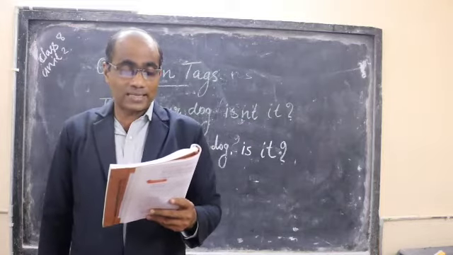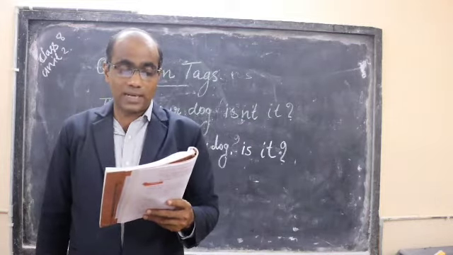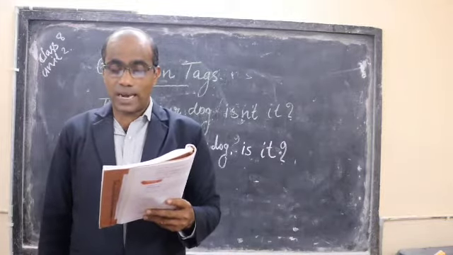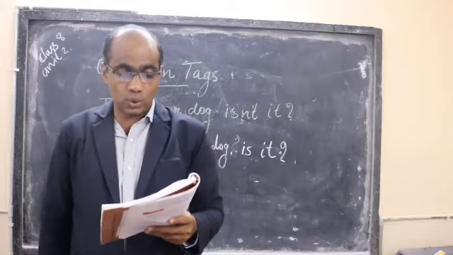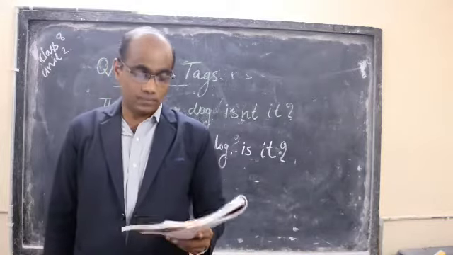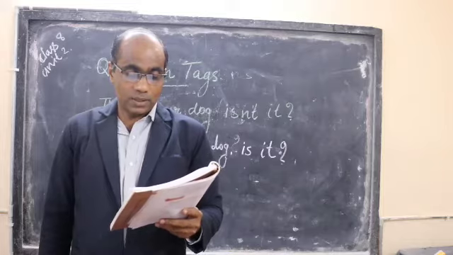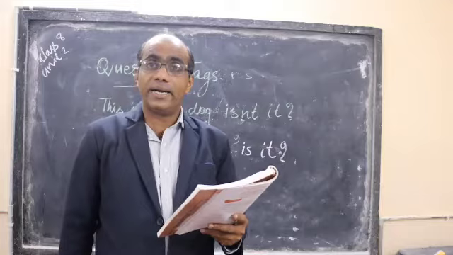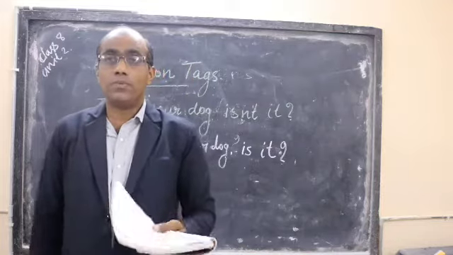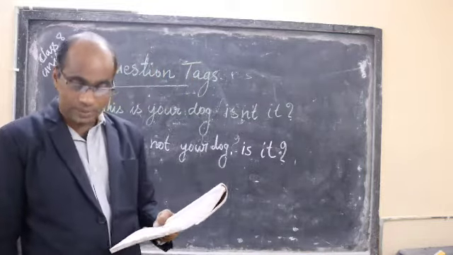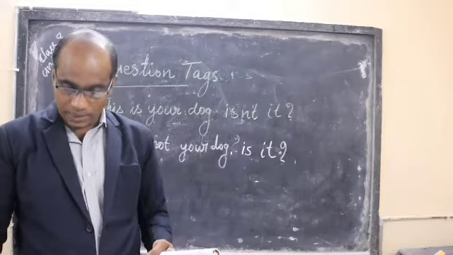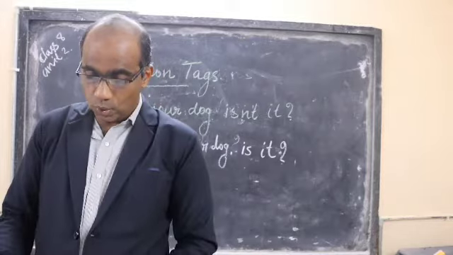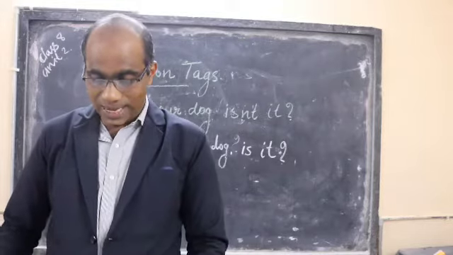If the statement has an auxiliary, the tag begins with an auxiliary. In case it does not have an auxiliary, it begins with do, does, or did. Now let us hear and let us read the passage below. Before that, let us see some more examples here. For example, with the do or does, how to use that.